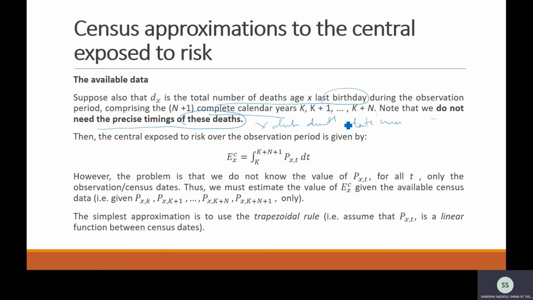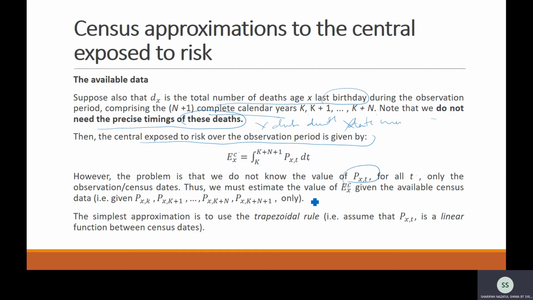So the central exposed to risk over the observation period is given by EXC equals the integral from K to K plus N plus 1 of PXT dt. However, the problem is that we do not know the value of PXT for all T, only at the census dates.